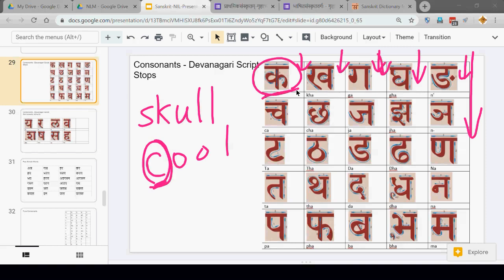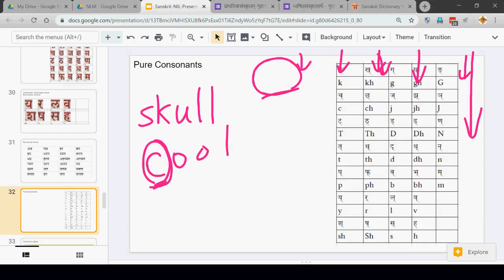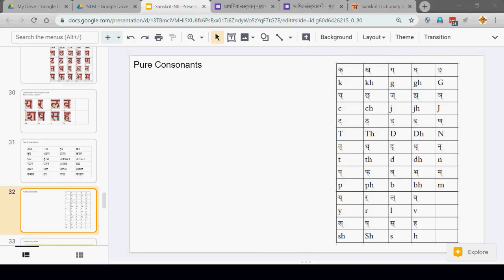Technically, they cannot. Just the consonant part of these sounds without adding some vowel to them, they cannot be pronounced. So those consonants are represented, I mean, written like this. They have special symbols in Devanagari script.